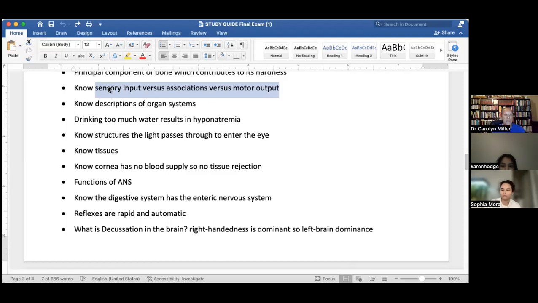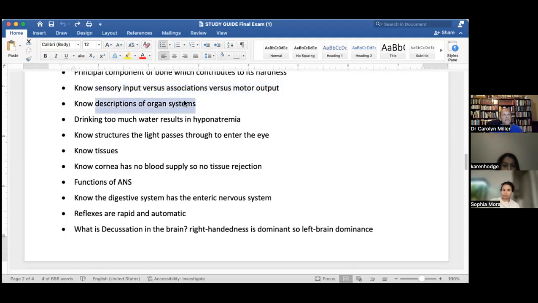So sensory input is what goes into the brain, into Grand Central Station, the thalamus. The associations help with the processing, the interpretation of the information that was received. And then the output is the interpretation or what else we need to do. So sensory input, associations, a lot of it we've learned over the years, and then motor output.